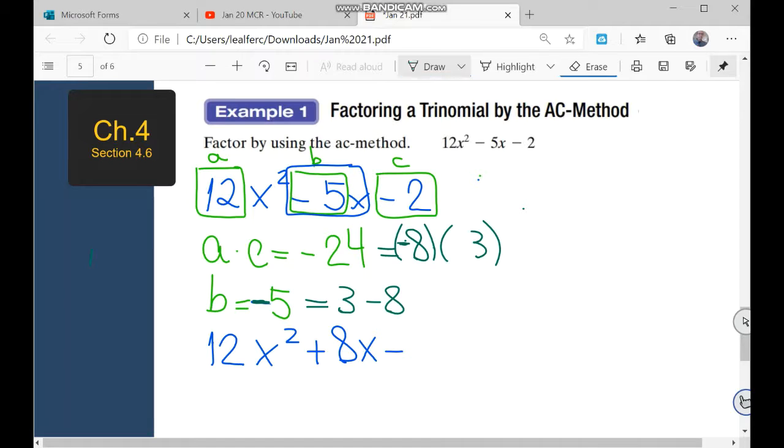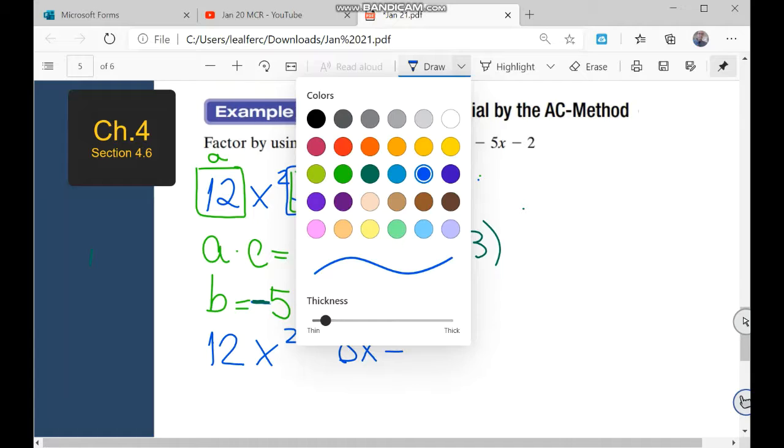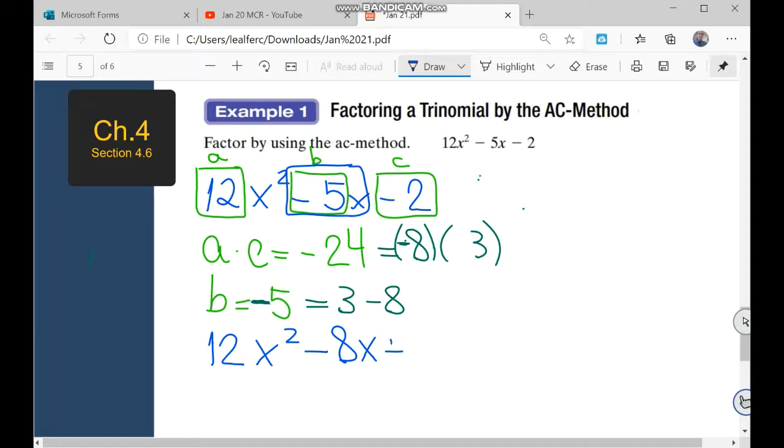So fixing here, this is negative 8x plus 3x minus 2. See?